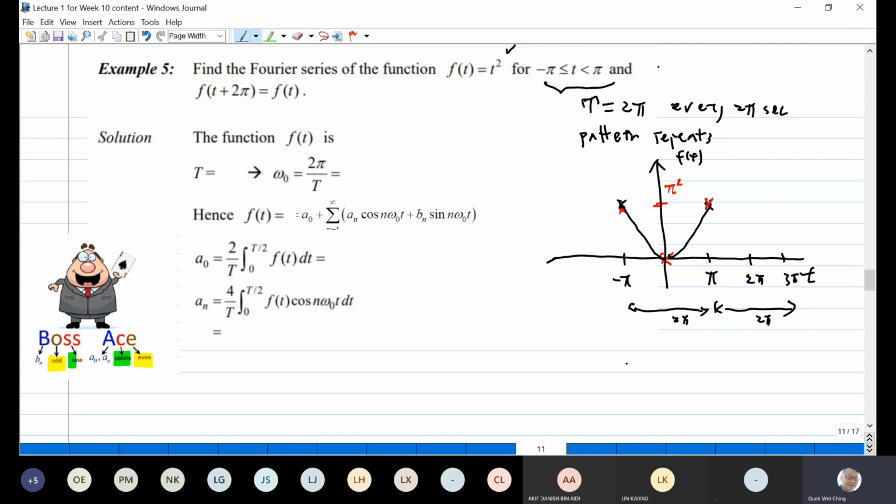Now, let's pay attention to how the points look. Notice that there's an equal sign here. So when you draw it, you must have a solid circle where it is equal to minus pi.